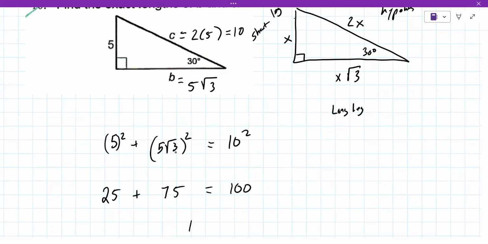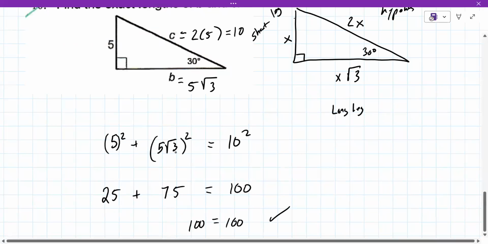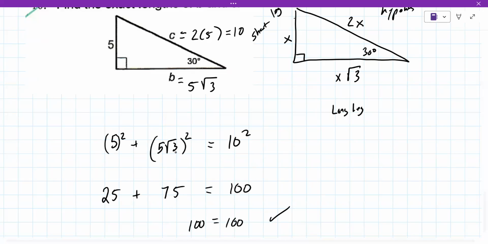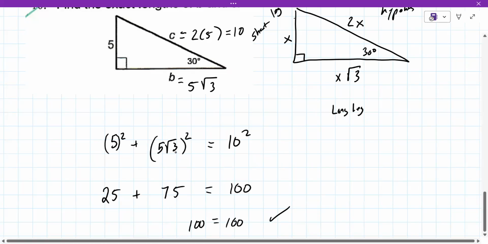Does this equal 100? And it does. Okay, all right, so nicely done on that.